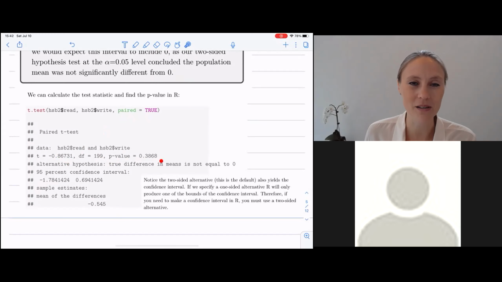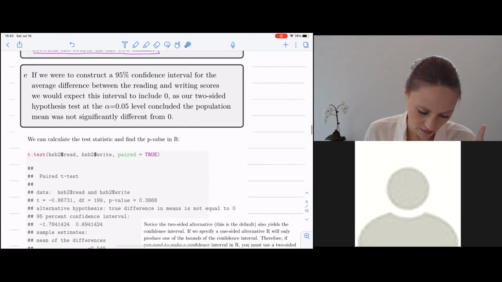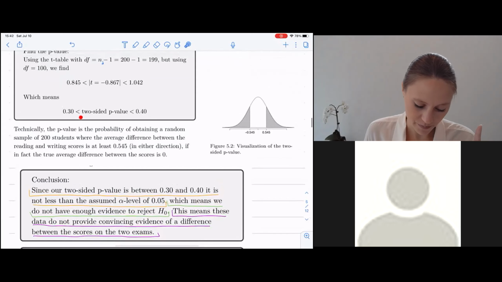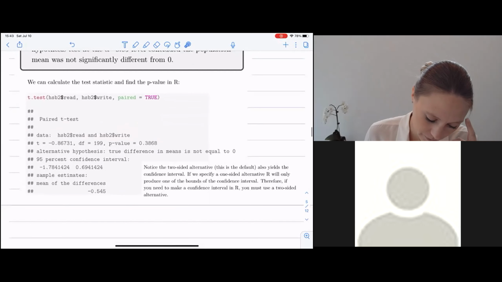And then we have our p-value. It gives us the p-value of 0.3868, which if we look back, 0.3868 is somewhere between 0.3 and 0.4, right? And so we were still able to draw our conclusions from this, but if you want something more precise, then you should use software like this.